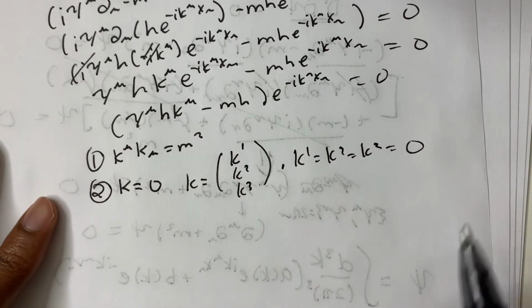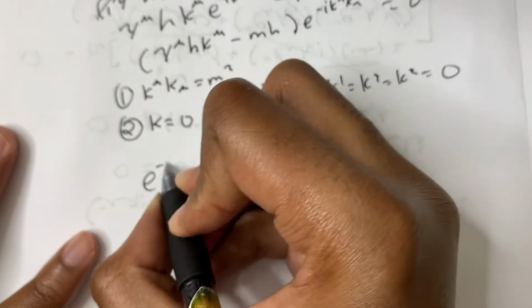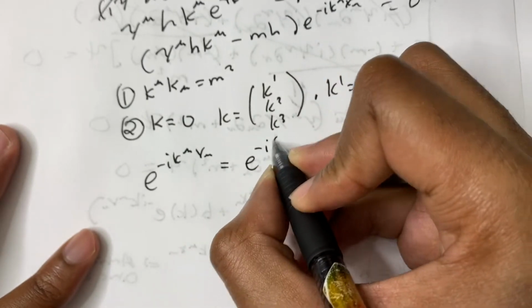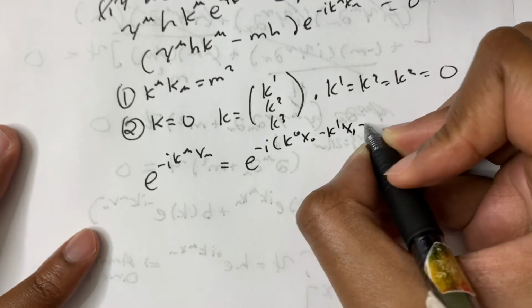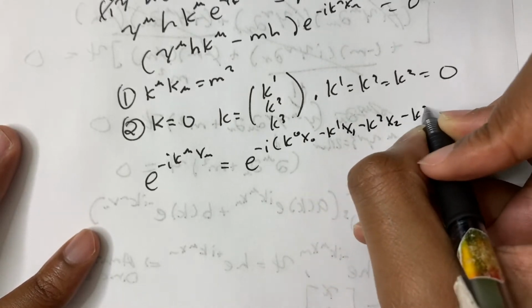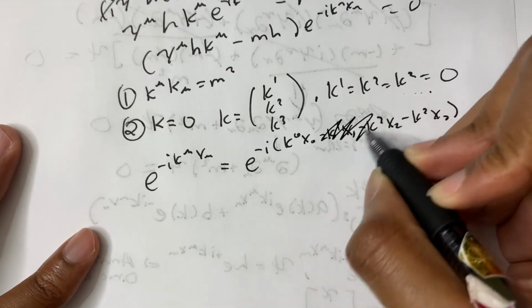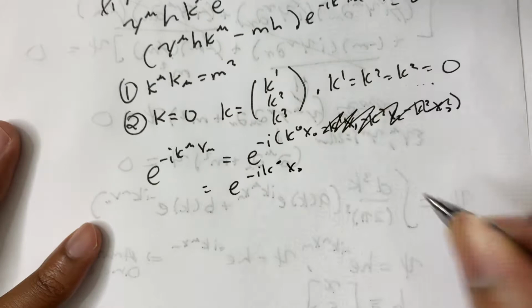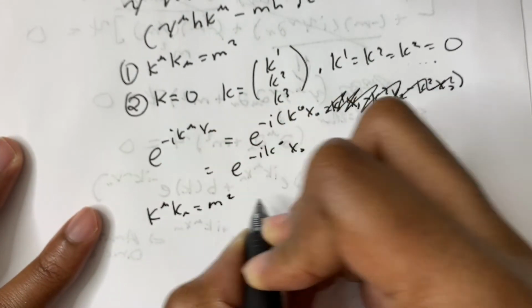Like, really a ton. So, first of all, e to the minus i k mu x mu. That's e to the minus i times k naught x naught minus k1 x1 minus k2 x2 minus k3 x3. And since these are 0, I have e to the minus i k naught x naught. Now remember, k mu k mu equals m squared, right?